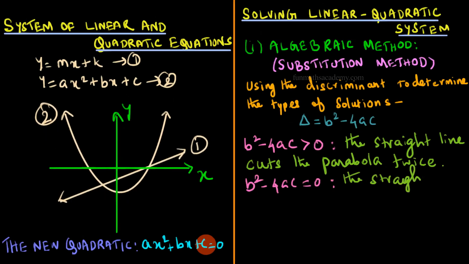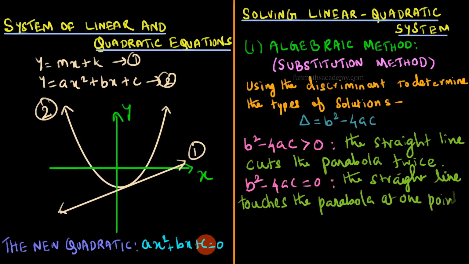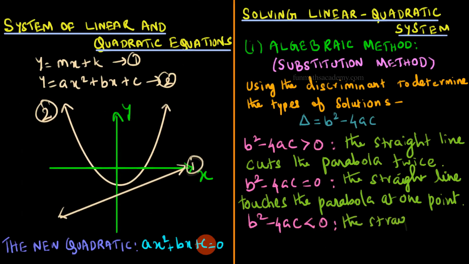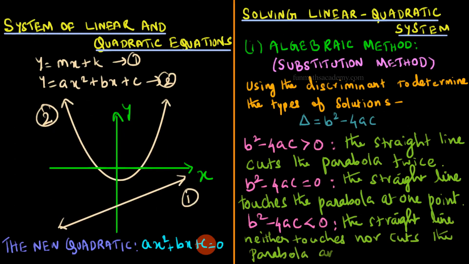If we get b squared minus 4ac to be equal to 0, then we will get only one solution. If we get b squared minus 4ac to be less than 0, that is negative, then we will get no real solutions.